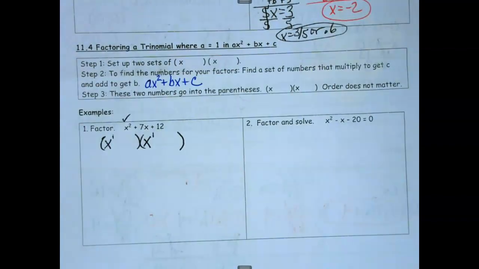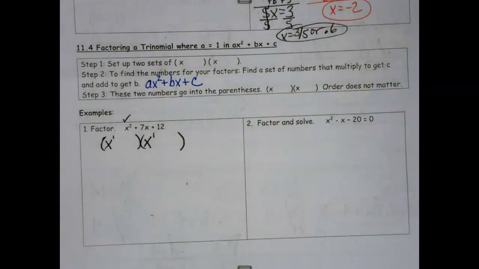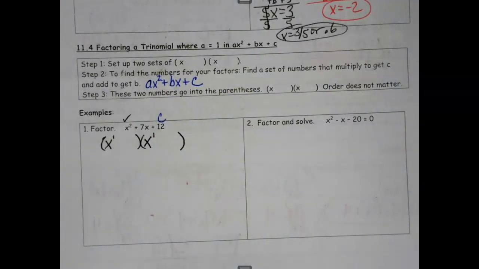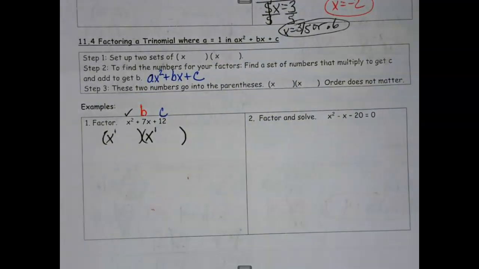So here's what that means. C is the last number that you see in here, the 12. The 12 is our C in this case. And the number that's in front of X is going to be your B value. So here's what my job is. I need to find a pair of numbers that multiply to 12, but will add up to 7.